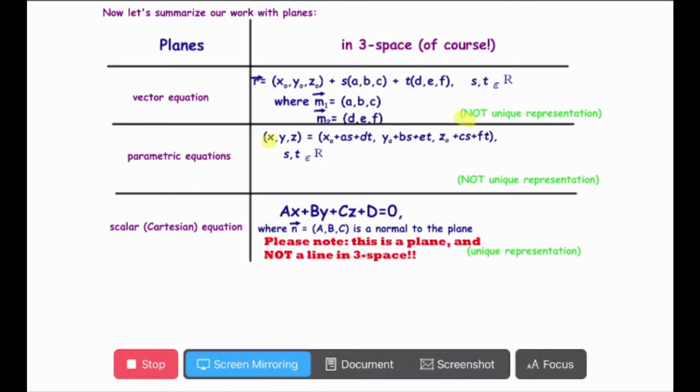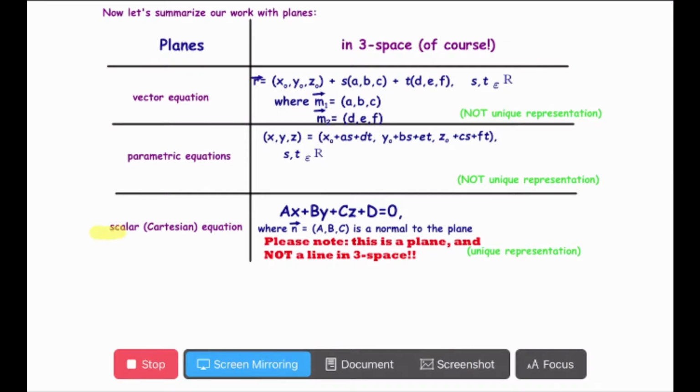Once again, we can have our separate x, y, and z components, or put it all together in a single representation like this. So x component, position plus a value times first parameter, plus d value times second parameter. Those are the pieces from my position vectors, and y and z. And of course, remember to define both parameters. S and t are elements of the real.